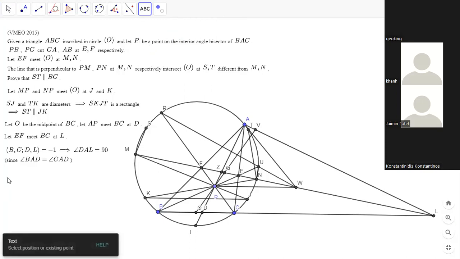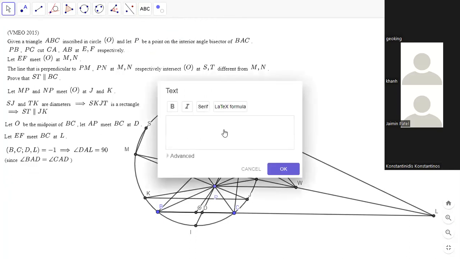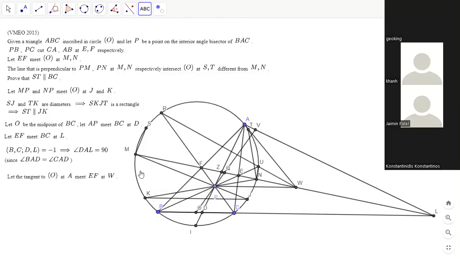Let the tangent to O at A meet EF at W. All right. And let's see. First we showed that A, Z, P, and D are in harmonic conjugation.